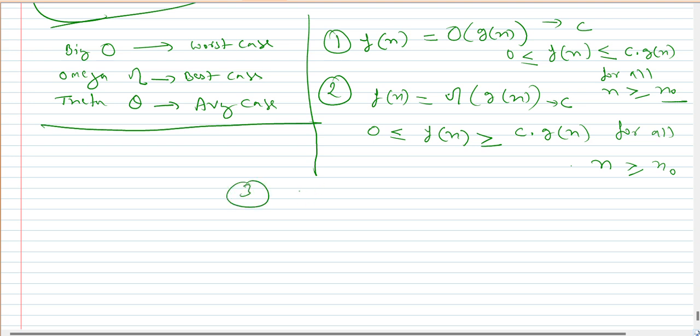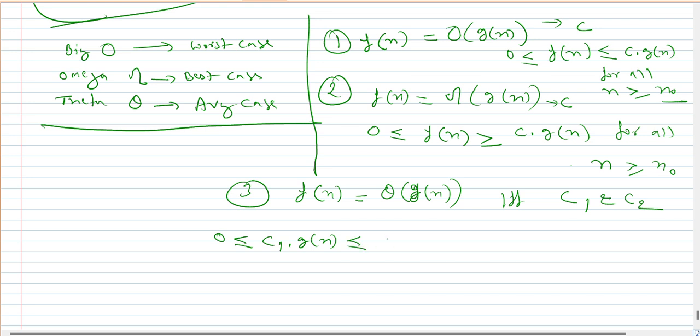And similarly, we say that f(n) is equal to theta of g(n) if there exist constants C1 and C2 such that f(n) lies between C1 dot g(n) and C2 dot g(n) for all n greater than or equal to n naught.